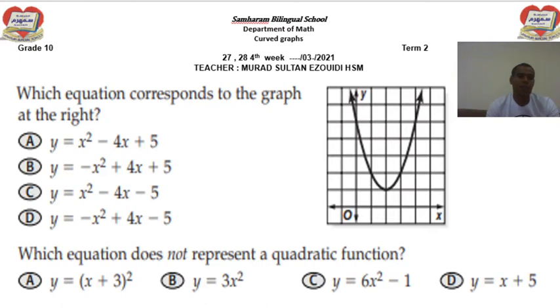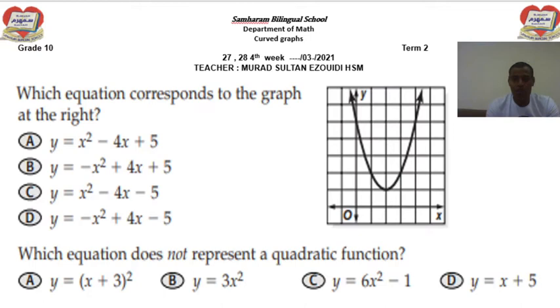Now the question: which equation or function corresponds to the graph at the right? Here we can use the method of completing the square to figure out the equation of this graph.